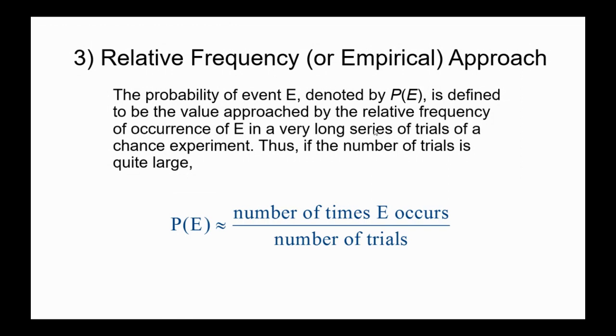So if the number of trials is quite large, the probability is approximately equal to the number of times E occurs divided by the number of trials that we actually have. So the number of times E occurs divided by the actual number of trials.